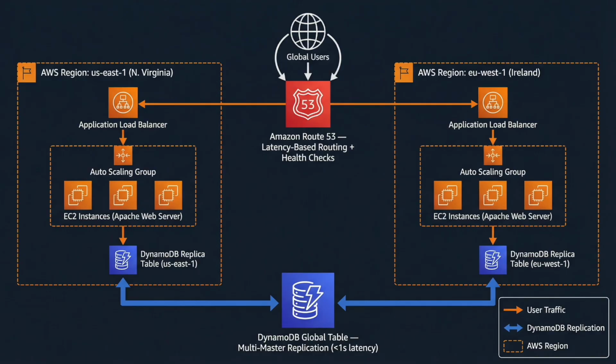We started by creating a DynamoDB table in US East 1 and then creating a replica in EU West 1, and then deployed our CloudFormation template that created our application load balancer, auto scaling group, and our instances.